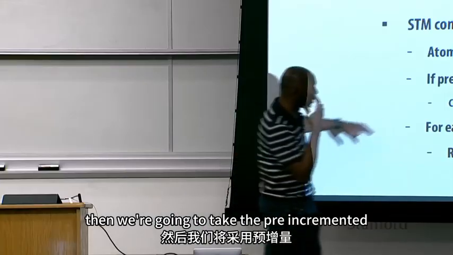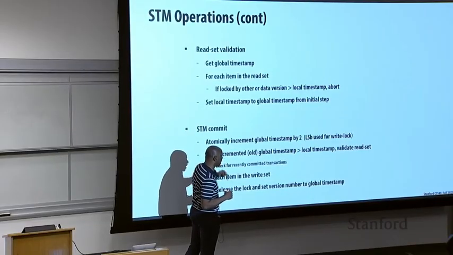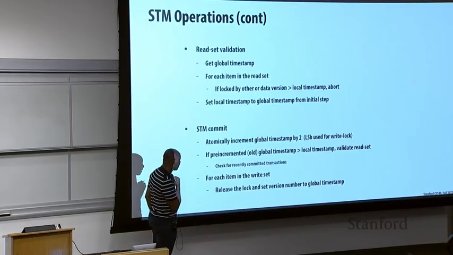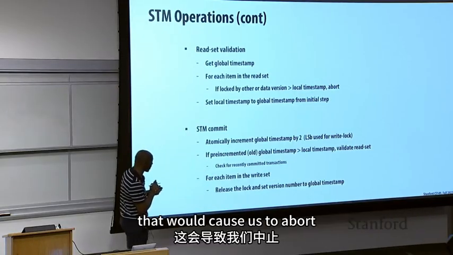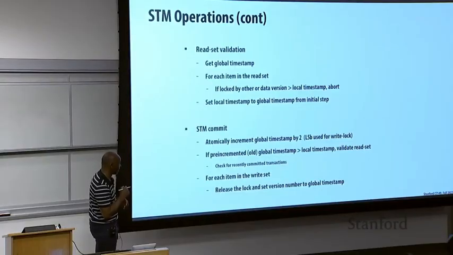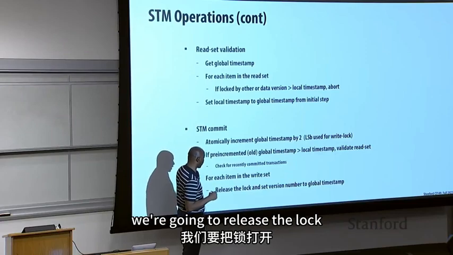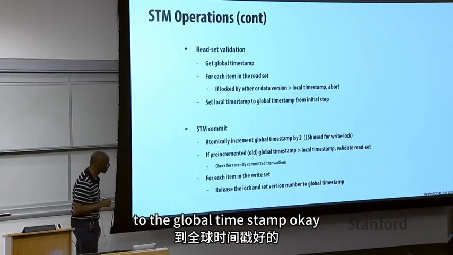Then we're going to take the pre-incremented, the old timestamp, and validate the read set, just to make sure that there aren't any recently committed transactions that would cause us to abort. And then for each item in the write set, we're going to release the lock and set the version number to the global timestamp. Okay?